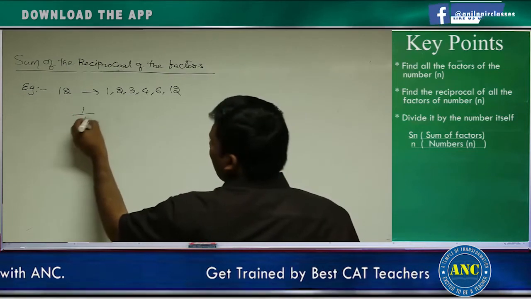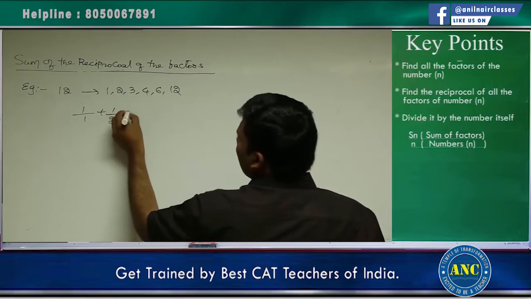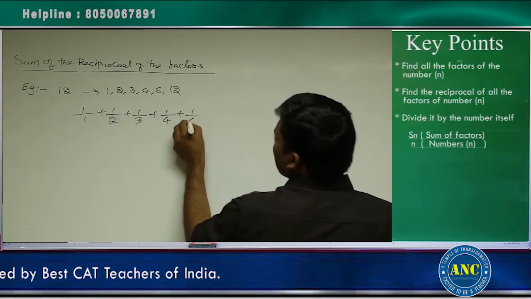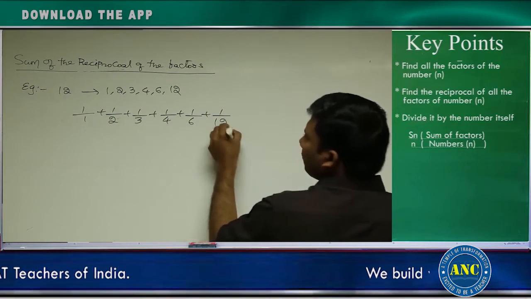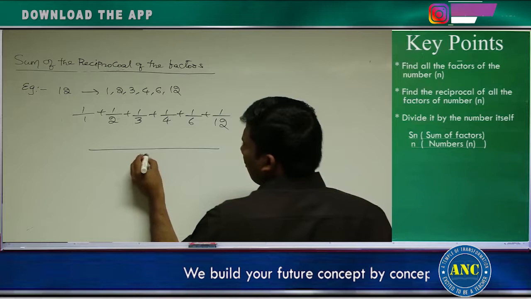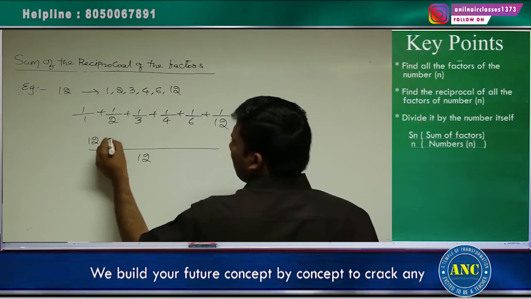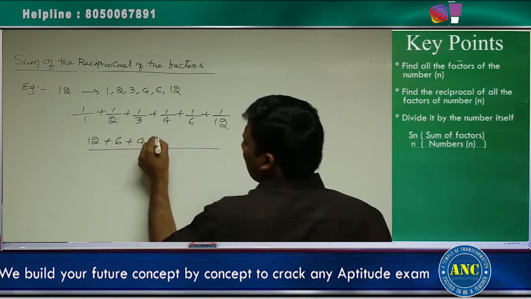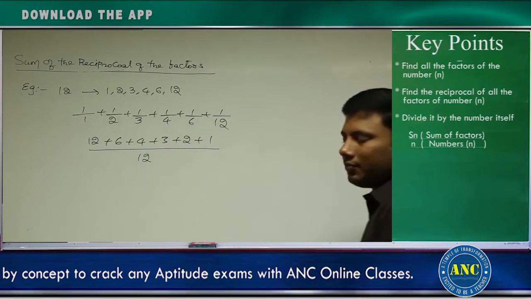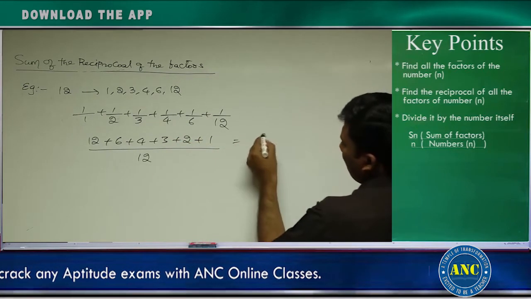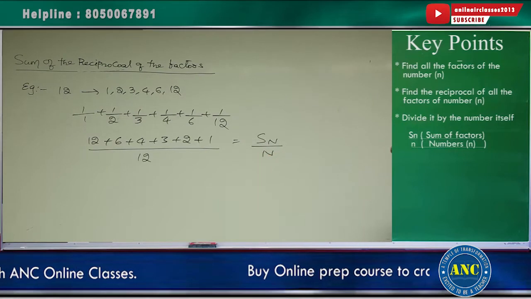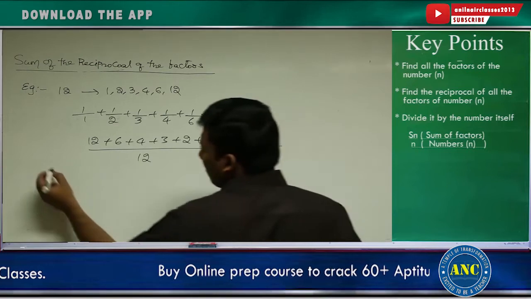This will be 1 by 1, 1 by 2, 1 by 3, 1 by 4, 1 by 6, 1 by 12. Alright? Now if I take the LCM, 12, it becomes 12 plus 6 plus 4 plus 3 plus 2 plus 1. So what will be this one? Sum of all the factors by the number. So very important point.